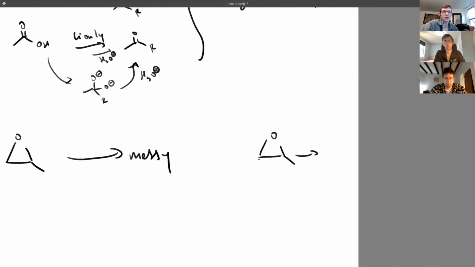They are going to react on whatever side is less substituted, I believe. Yes, they react on whatever side is less substituted. So cuprates can do this.